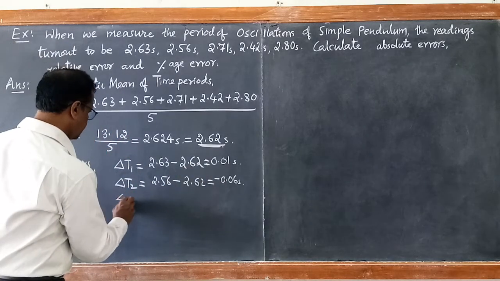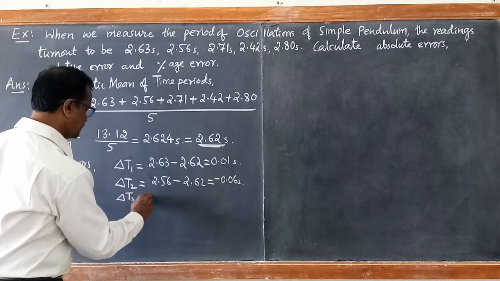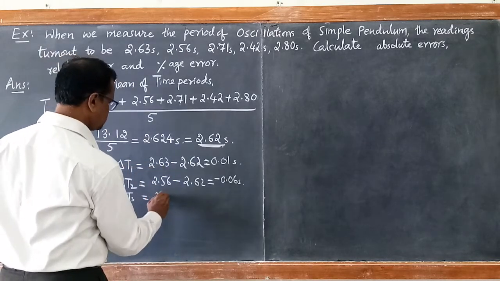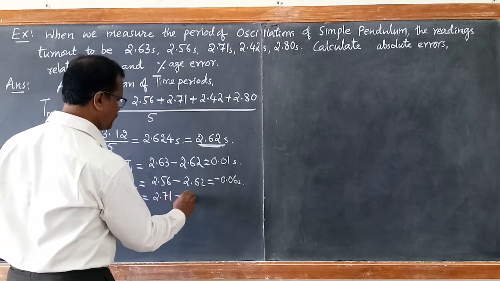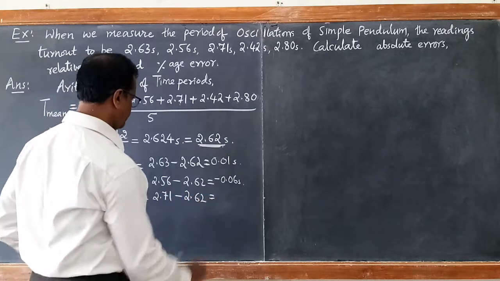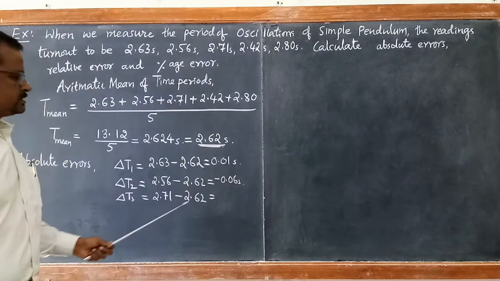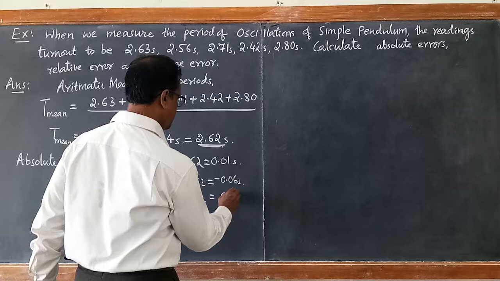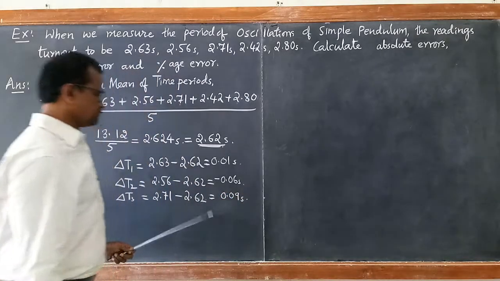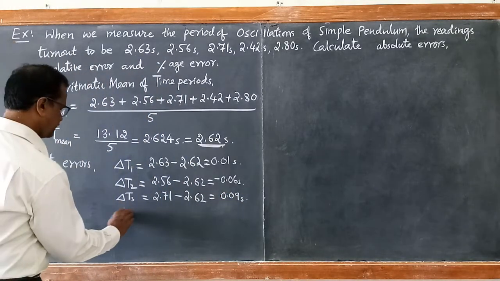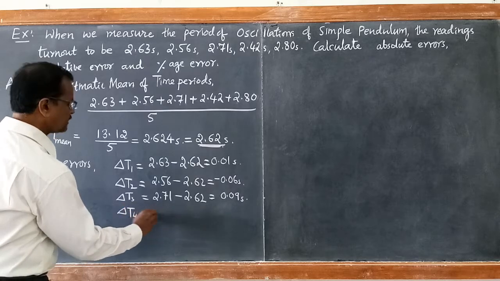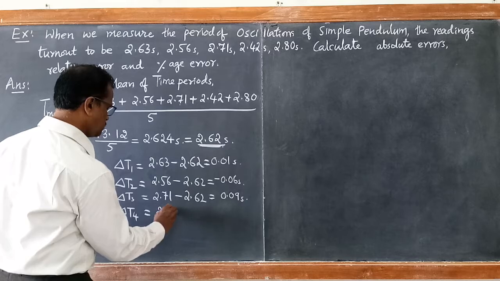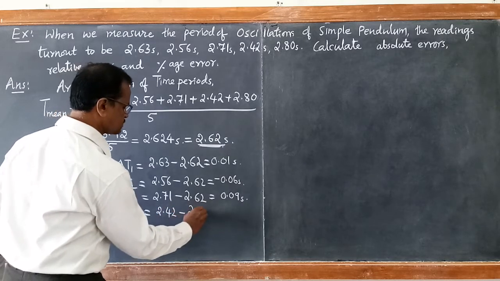Delta T3 in the same manner, equal to 2.71 minus 2.62. If you take the difference, it comes out to be plus 0.09 second. So this is positive. Then delta T4, that is 2.42 minus 2.62.